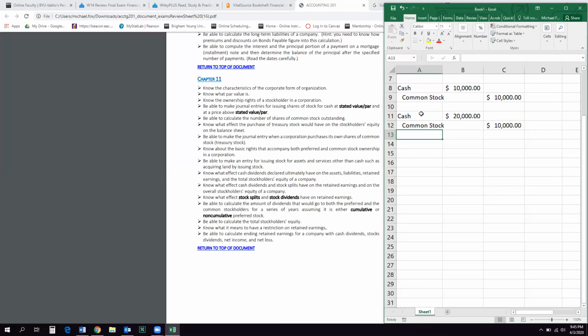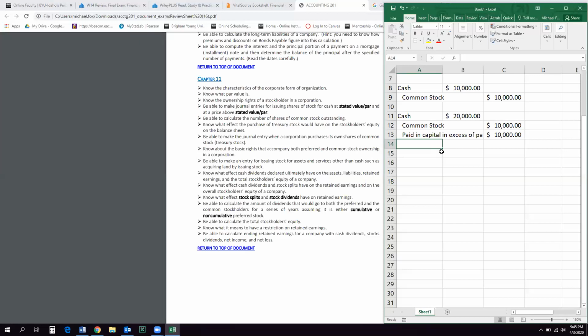And so any amount over and above that that we raised for issuing the stock is going to have to be recorded as something like paid in capital in excess of par, or something like that. You'll see a few different wordings depending on who you're working with.